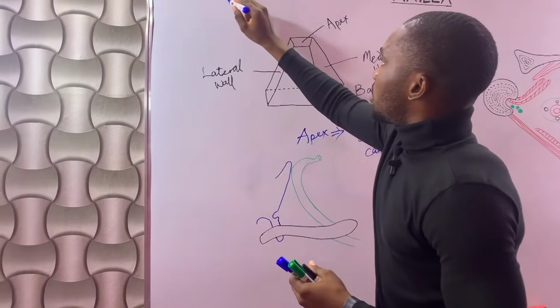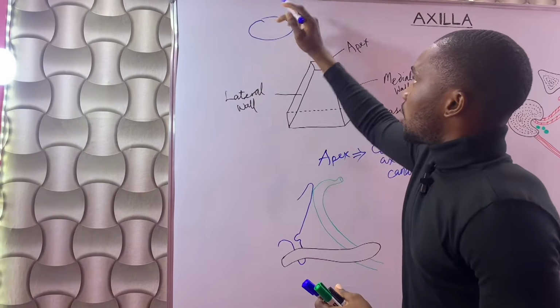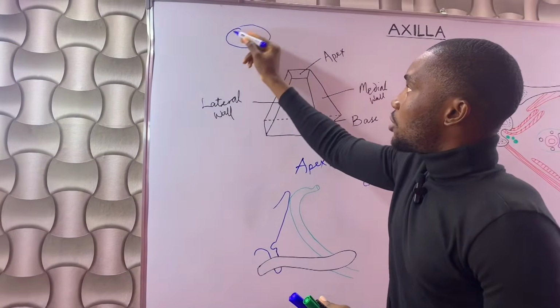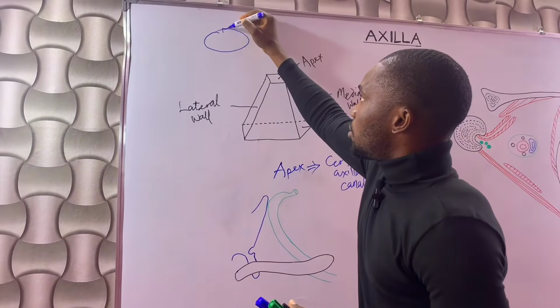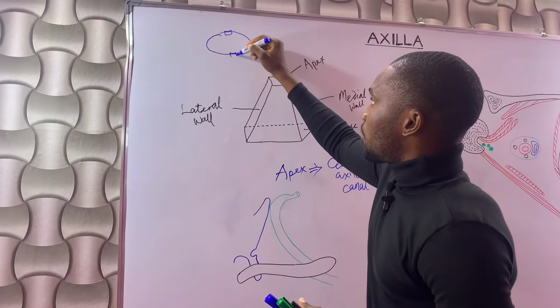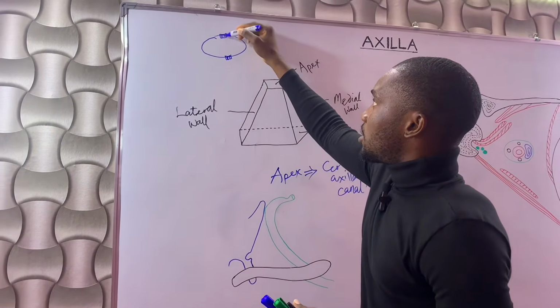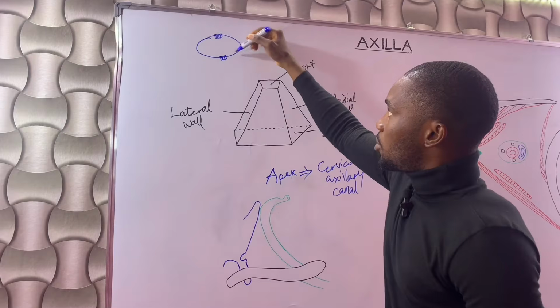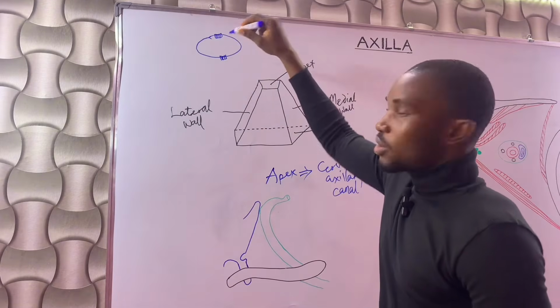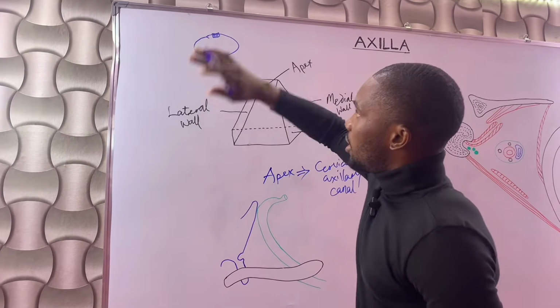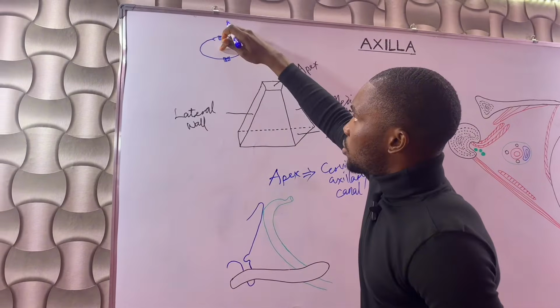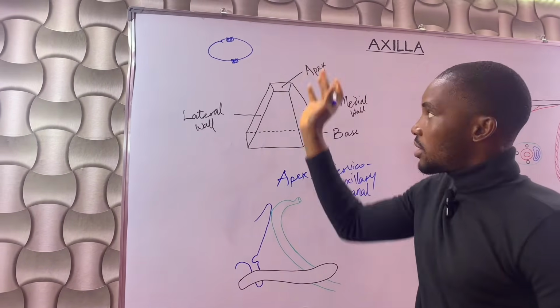You see something like this. That is the rib, first rib over here. Then you have your sternum, you have your vertebra, something like this. Then this is the first rib. So this is the thoracic inlet. So structures pass from the neck through this region into the thoracic cavity.